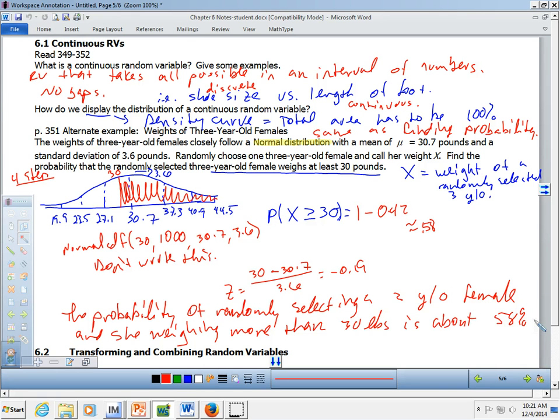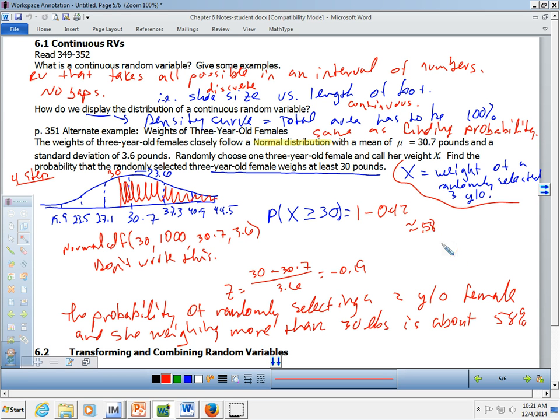Okay? Now it just asks for you to find the probability. This last conclusion probably isn't necessarily what you need to do, but you do need to define your variable, sketch a curve, and then show your work, whether sketching your curve is showing your work for your calculator, or show a z-score calculation and then show how you find the probability from there.